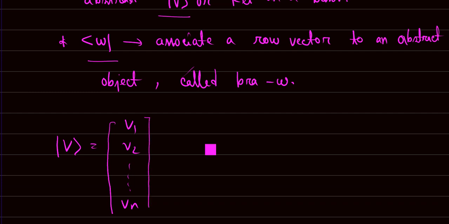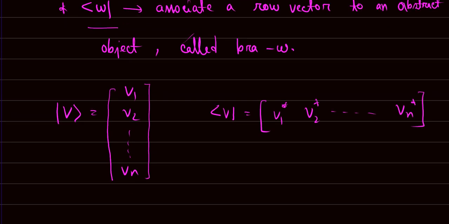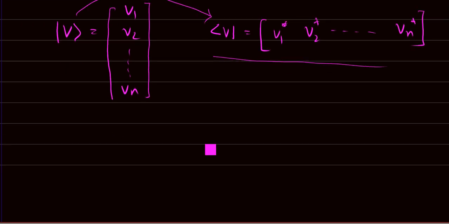If we take the adjoint of this matrix, we get v1 conjugate and so on. So by taking the adjoint of this column vector, we get a new vector space. In inner product, there are two vector spaces.